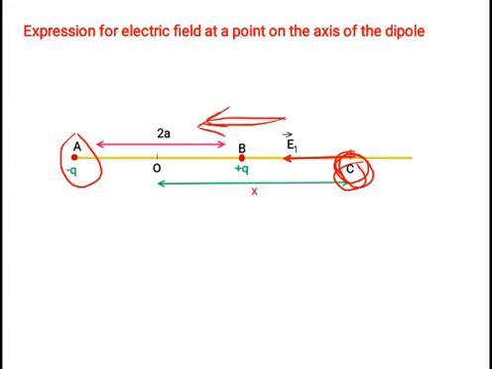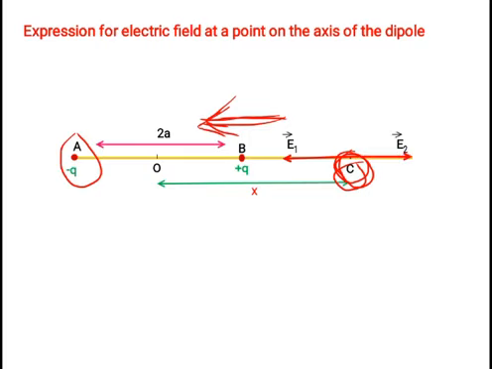Okay, why is it like that? Because we already discussed in the previous videos the properties of electric field lines. The field line always moves from positive terminal to negative terminal or positive terminal to infinity. So for that reason we have to show the direction in this way.